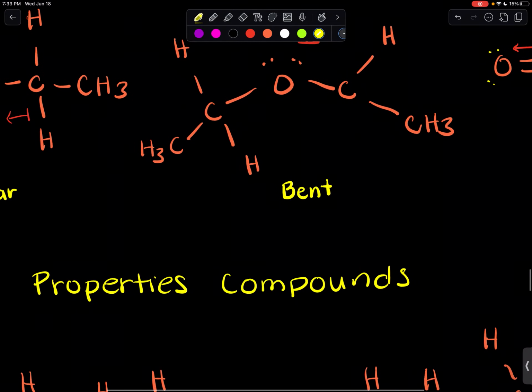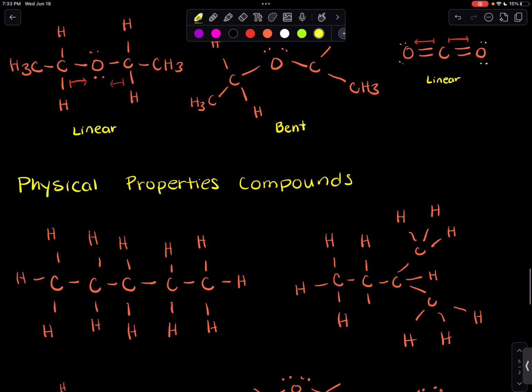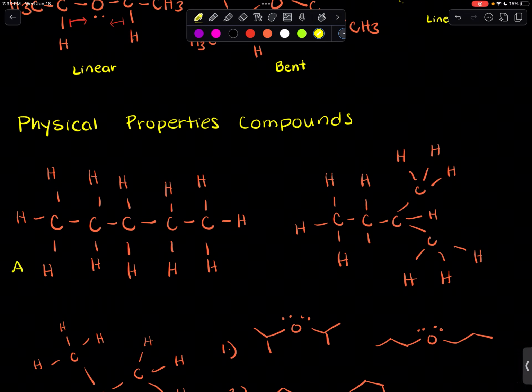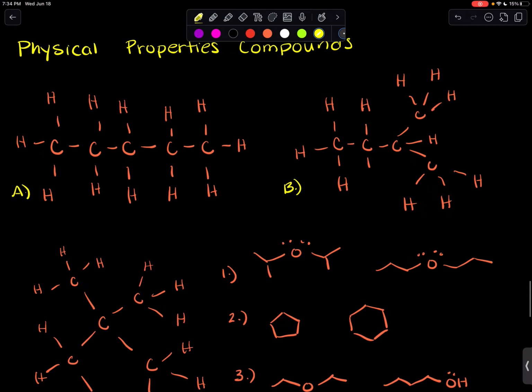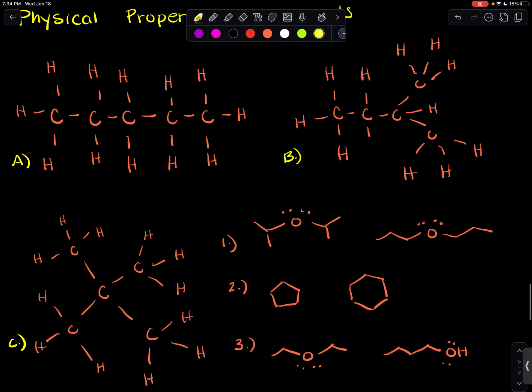With that said, we're going to move on to properties of compounds. What I want you to look at is structure A and structure B, and structure C. Let me give you structure C. Structures A, B, and C all have carbons and hydrogens, but I want you to see that this one is linear.